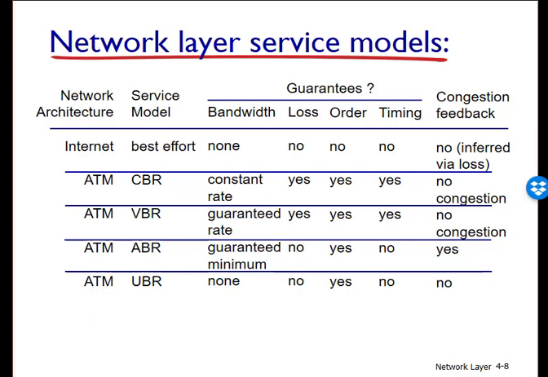The goal of constant bitrate service is conceptually simple: to provide a flow of packets, which are known as cells in ATM terminology, with a virtual pipe whose properties are the same as if a dedicated fixed bandwidth transmission link existed between sending and receiving hosts.